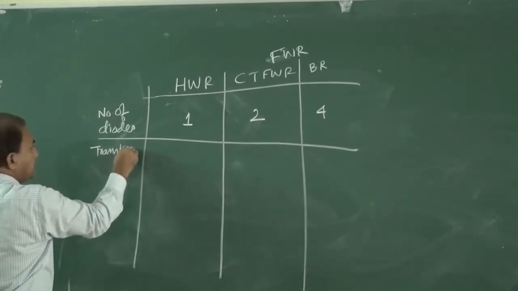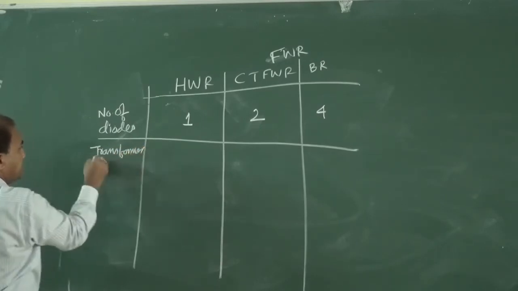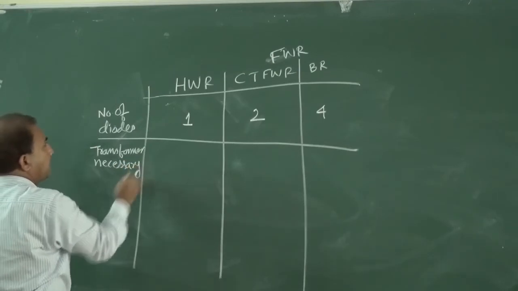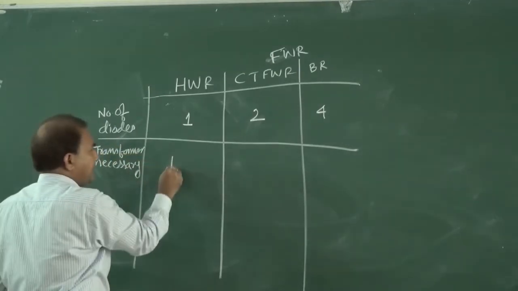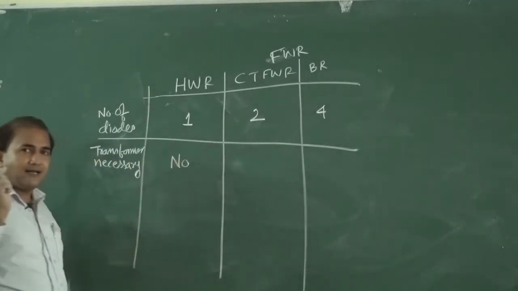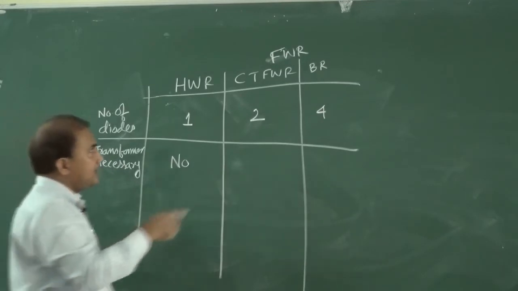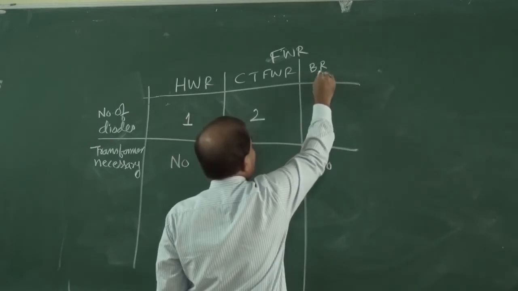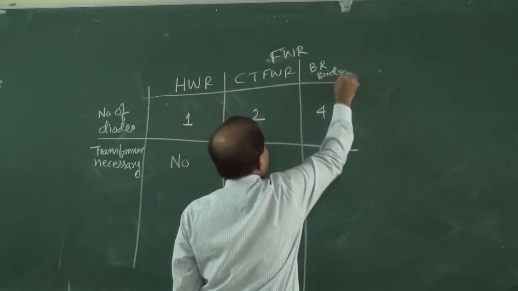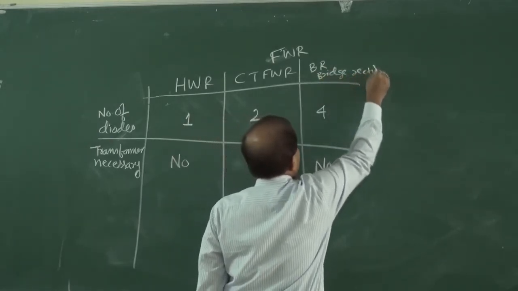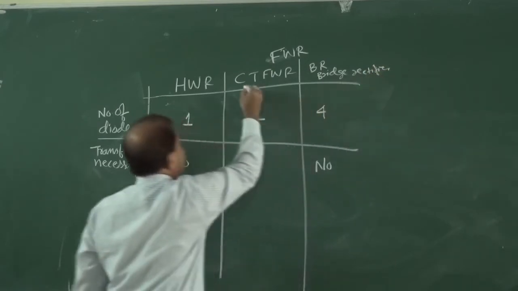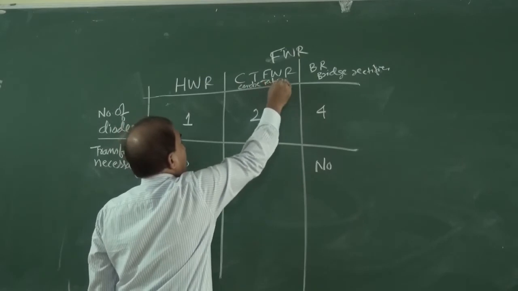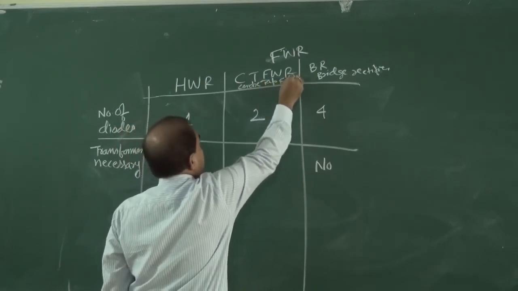Then we can write transformer necessary. In case of half wave rectifier, transformer is not necessary. And for bridge rectifier, and here center tap full wave rectifier.